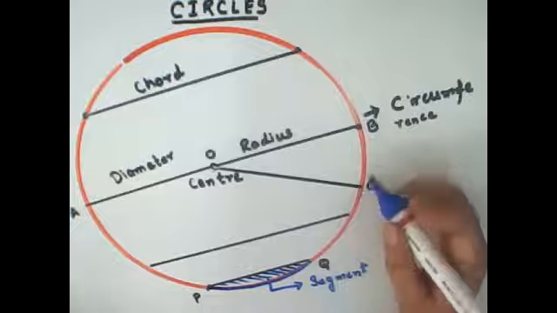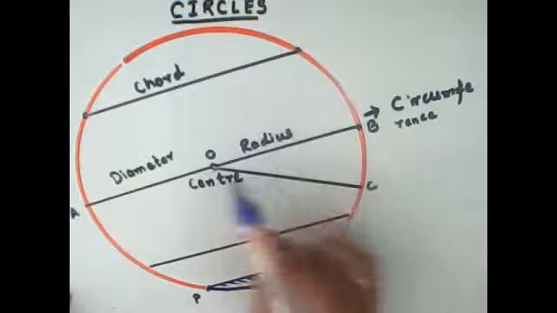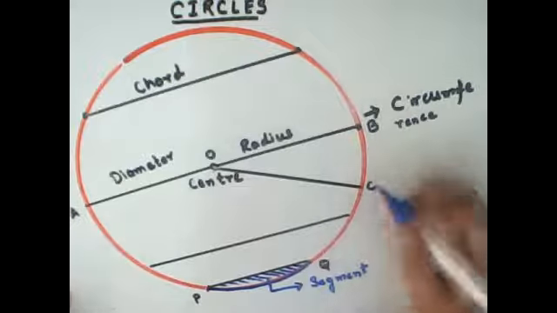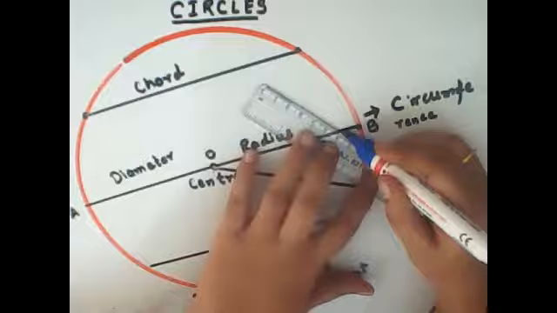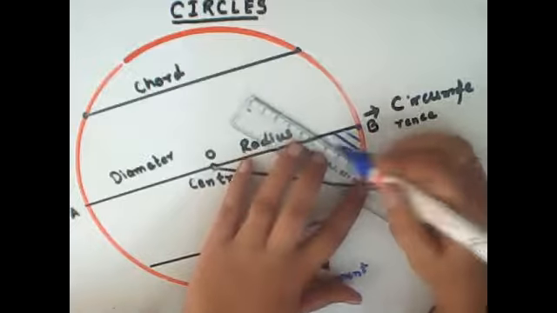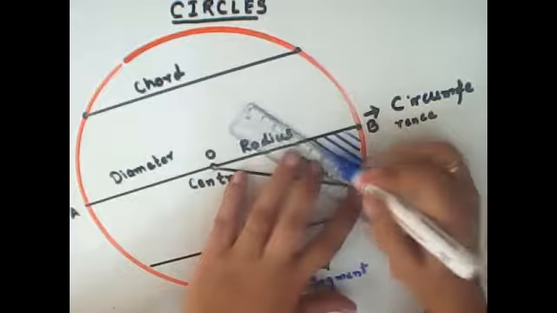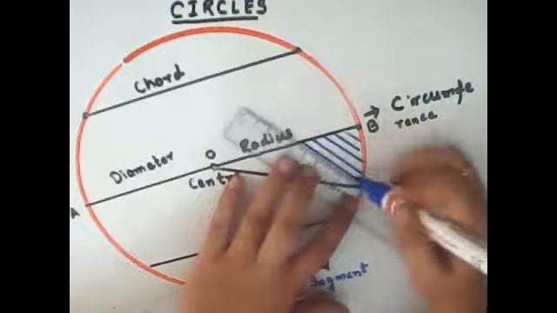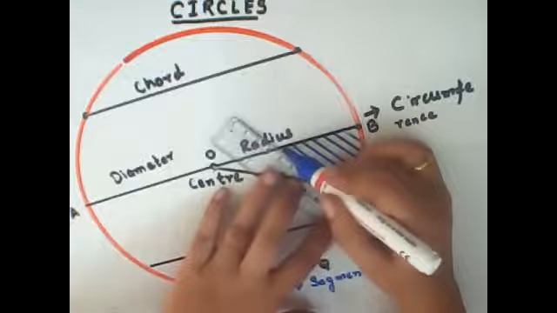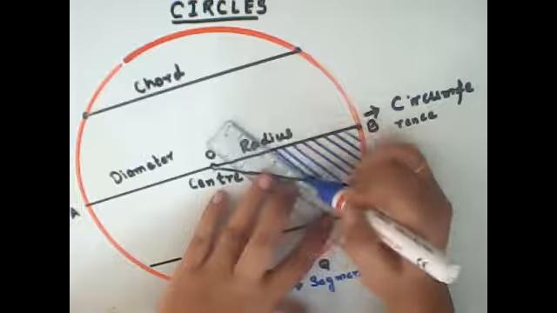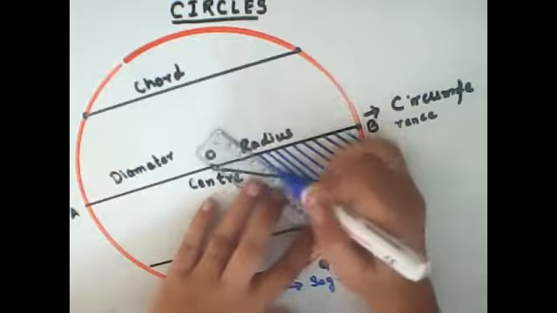The region which is enclosed by the two radii OB and OC and this arc BC, this area is called the sector of a circle.